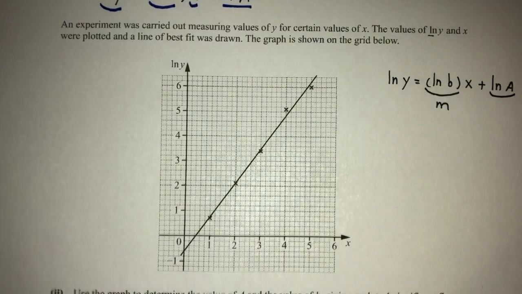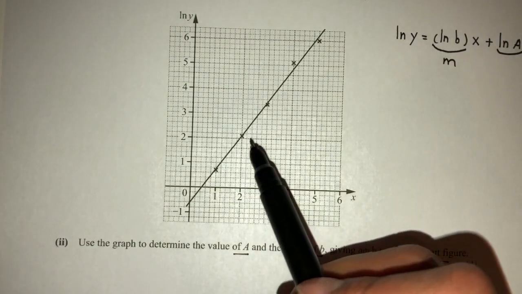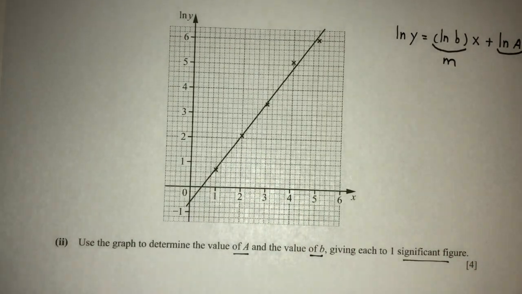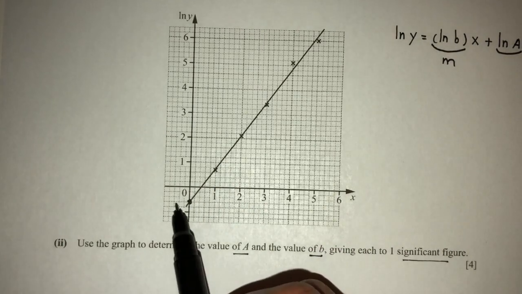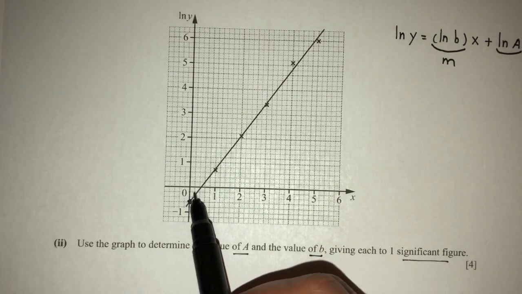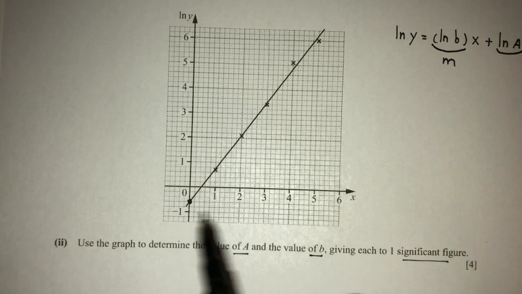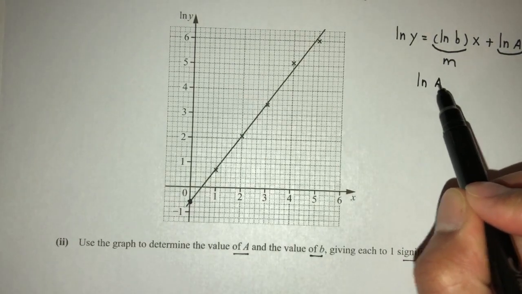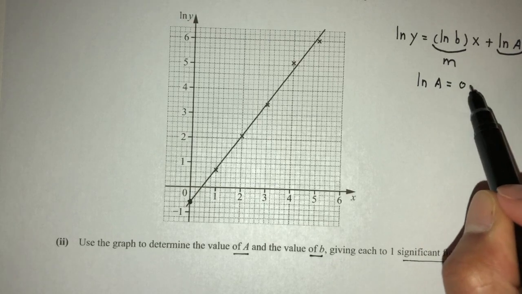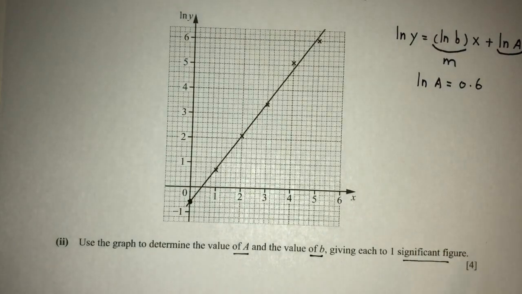So pretty easy. Let's look where the line cuts the y-intercept. As you can see, the value is here. This is 1, 2, 3, which is 0.6. So as we have seen, ln a has to be 0.6.